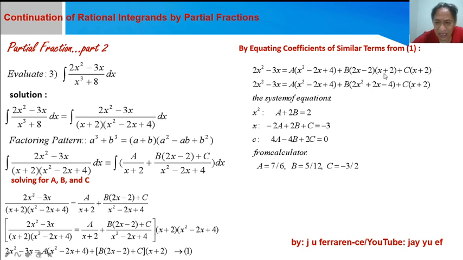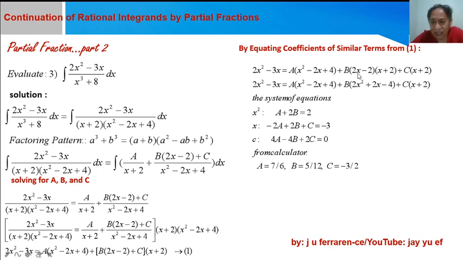Now I cannot identify exactly the coefficient of every term like x squared, x term, and the constant term. So I try to distribute. I can determine the coefficient of x squared even if I did not distribute. But if I'm going to distribute this one, that means that b will be multiplied to the product of 2x minus 2 and x plus 2.